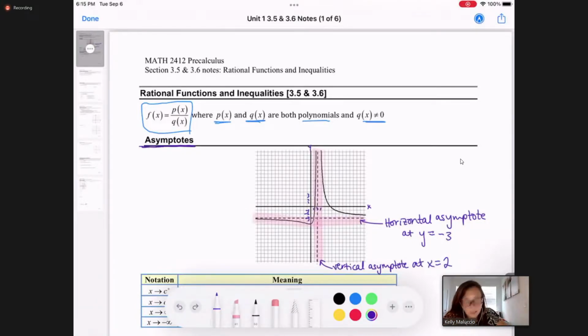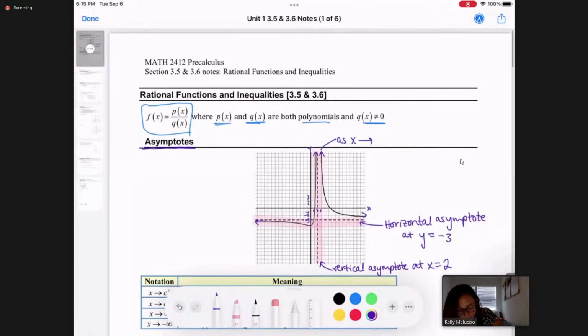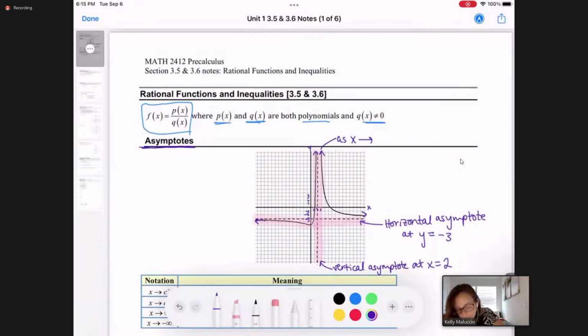We'll notice that I'm going to put arrows on the ends of all of these. Okay, that one's not perfect, but for the vertical, this arrow is going to mean approaching, as x approaches 2.